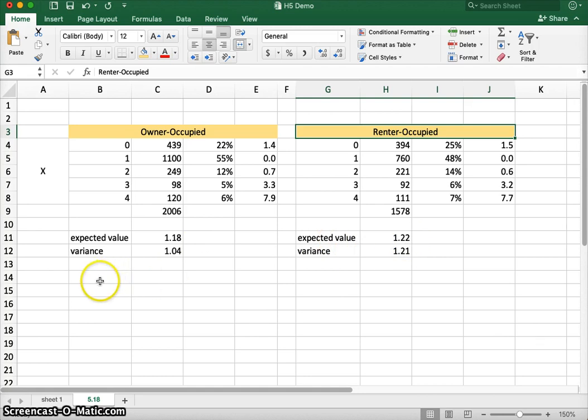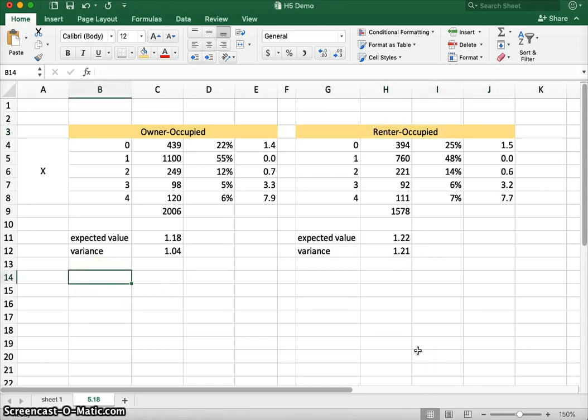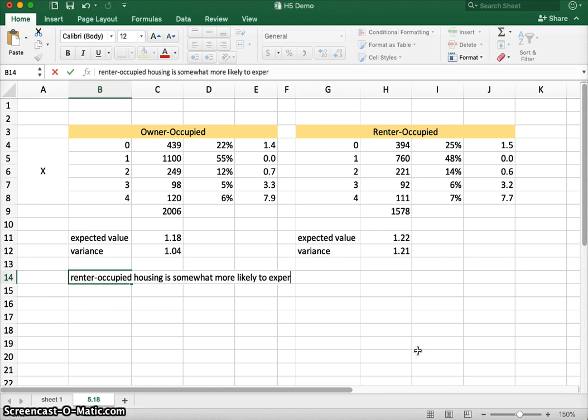We can see, for part E, that renter-occupied housing is somewhat more likely to experience water cutoff.